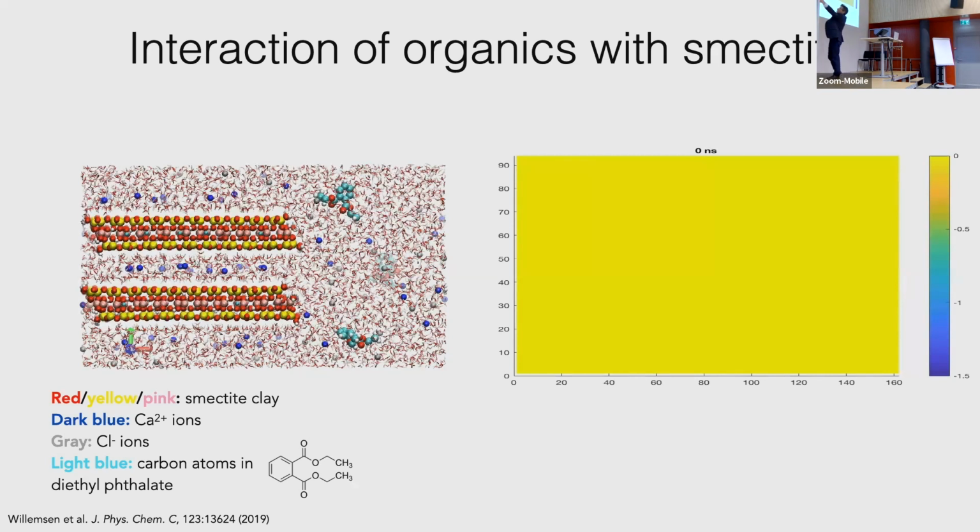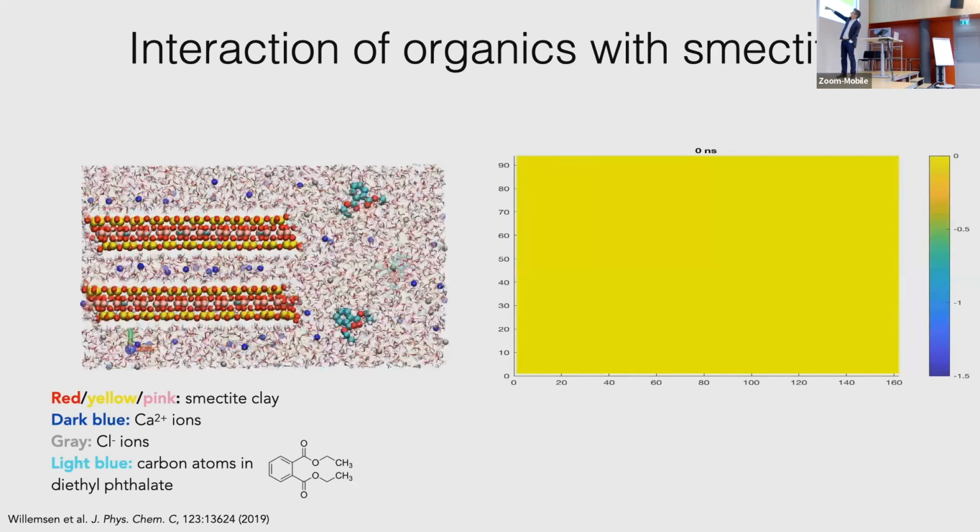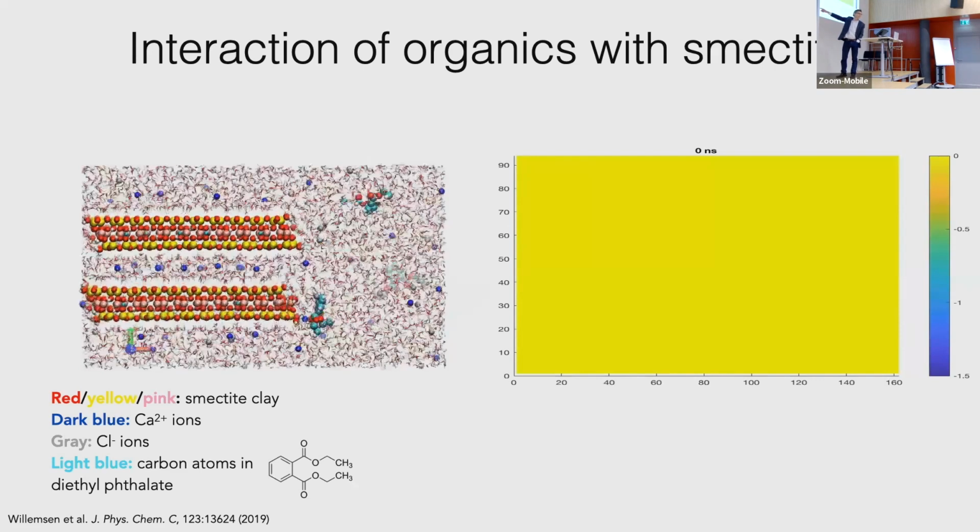A real smectite particle would be several hundreds of nanometers in the other direction, but we can't do that with our tools here. So in this case, we're just trying to make them large enough that there's some kind of bulk property to them. And then we're running the simulations here with 3 molecules of, in this case, diethyl phthalate, a phthalate ester.